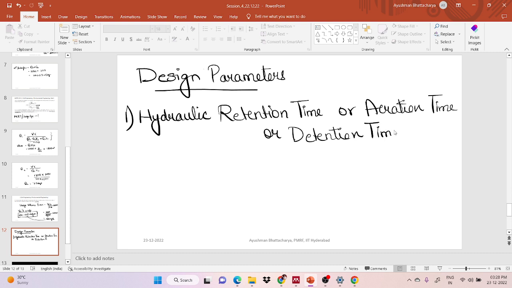So all these words mean the same. The amount of time the liquid remains in the tank, we call it hydraulic retention time. It is denoted by theta.